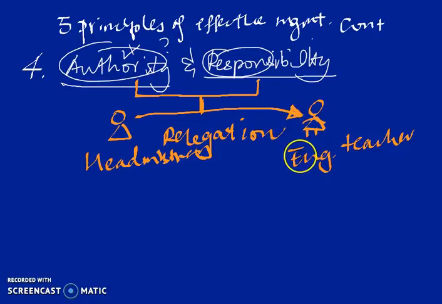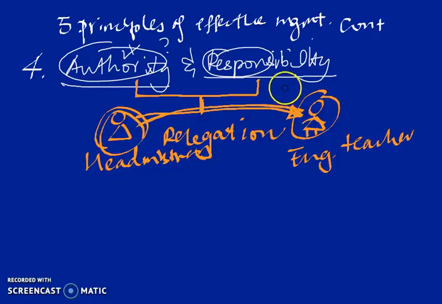Well, first, your English teacher would be directly responsible for this because, after all, he or she did the teaching poorly. But more importantly, you should know that your headmistress should probably hold accountability for this too, because it is her who made this decision to hire and delegate work to this English teacher in the first place.